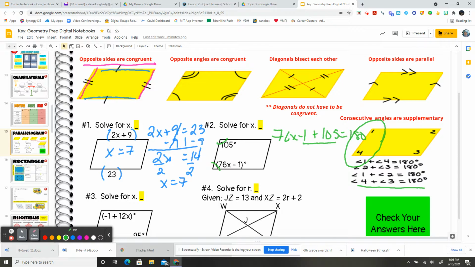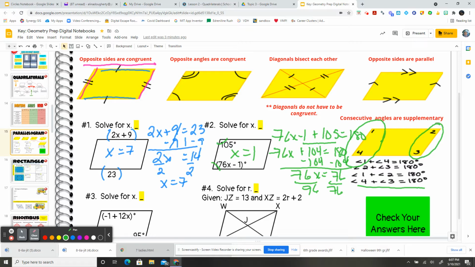So if I combine my like terms, I get 76x plus 104 equals 180, and then I subtract 104 from each side. And I get 76x equals 76. Well, if I divide by 76 and I divide by 76, then I get x equals 1, right? Consecutive angles, one acute plus one obtuse, always equals 180 degrees.